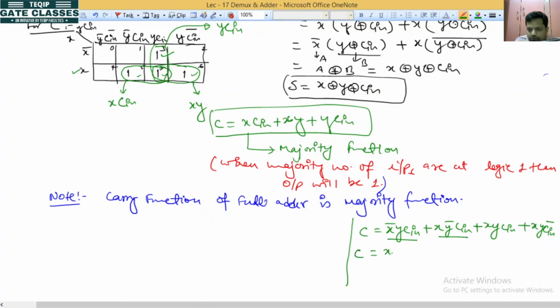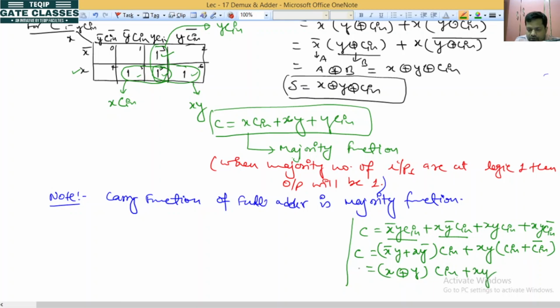C in is common, so we have x bar y plus x y bar, and we have here c in plus x y from here, so it will be c in plus c in bar. So it can be written as x XOR y c in plus x y because it is 1.